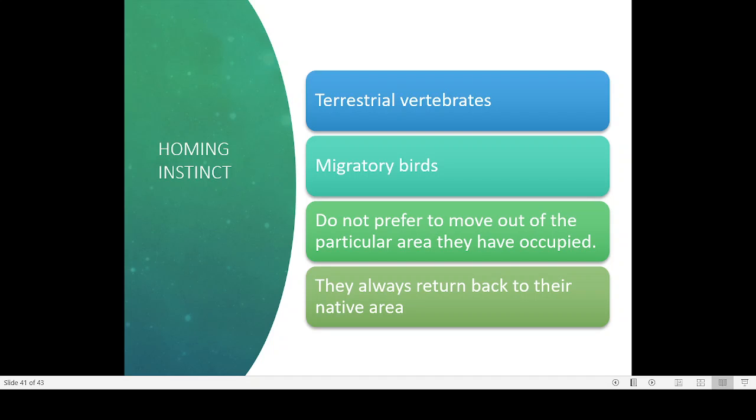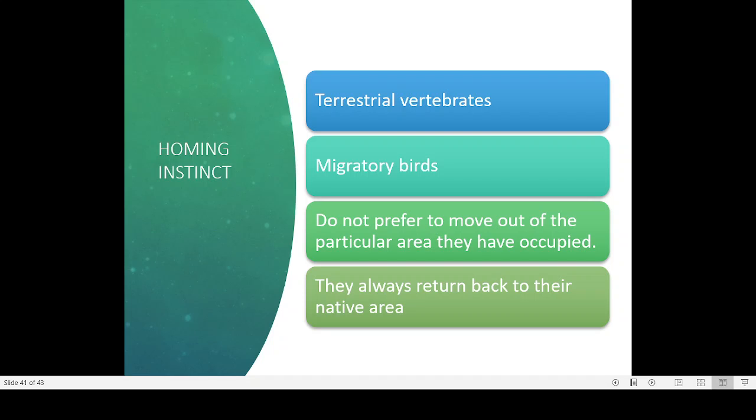So that tendency of animals to stick to one particular place is known as homing instinct. Animals also exhibit this homing instinct. They may move from their home range to some far off place, but in the evening or after a few days they will come back to their home range again. That tendency is known as homing instinct.